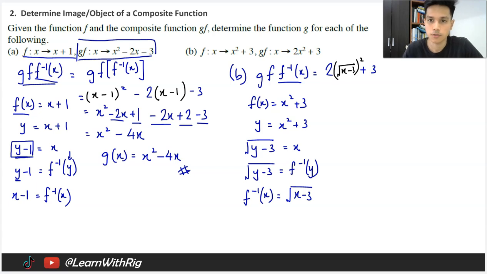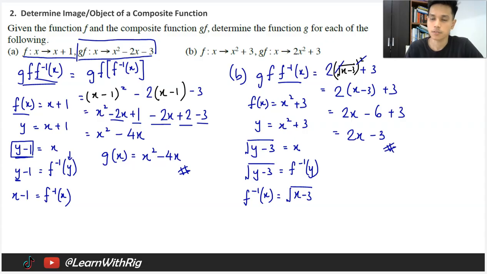Okay, so when you solve this, see here is square and here is square root, so you can cut it off. You get 2(x minus 3) plus 3. So you get 2x minus 6 plus 3. You get 2x minus 3. This is your answer. Right, next.